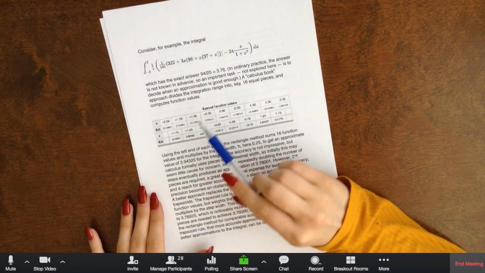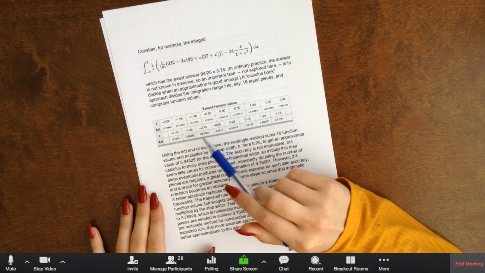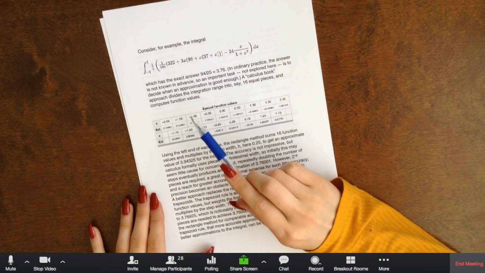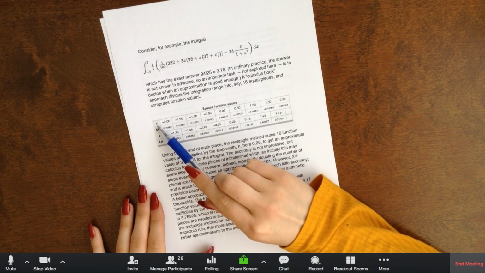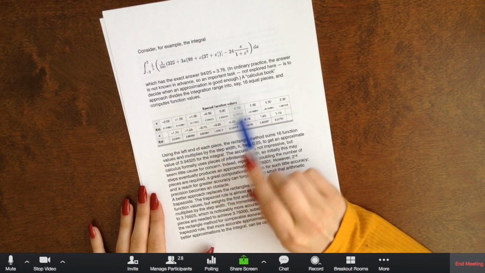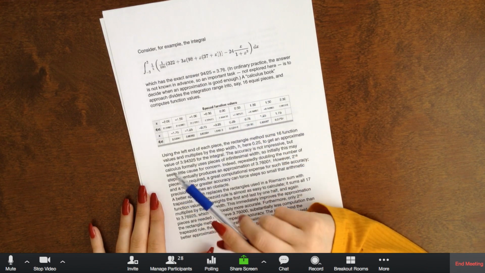Well, I will send this image to you after class so that you can see it a little bit better. But basically, I hope you can all tell that right here is the value x and then the function value right there. Okay, and like I said, there are 16 equal pieces.